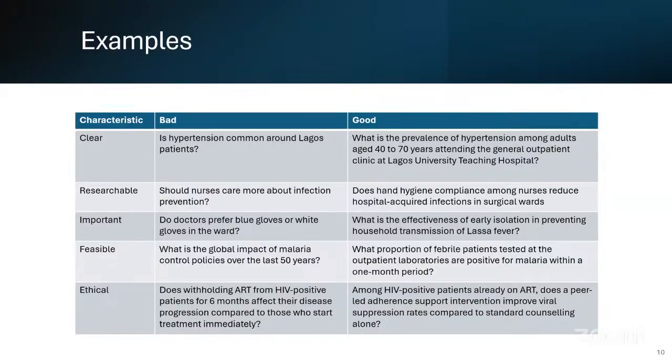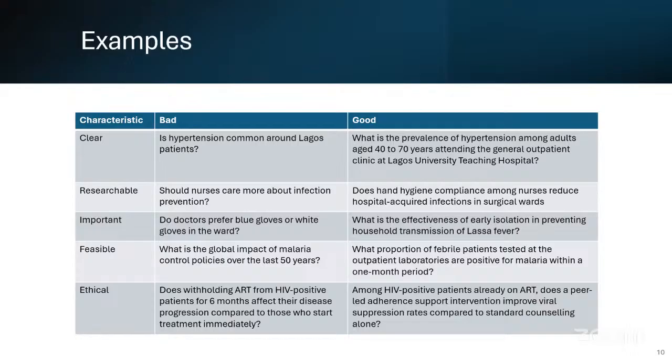But if you look at the alternative, this alternative I have presented here could be a way of asking that same question, okay? Now if you listen to it, this says, does hand hygiene compliance among nurses reduce hospital-acquired infections in surgical wards? So we're not just asking a question that we have romanticized in our heads without thinking about the implications of that question or whether it's researchable.